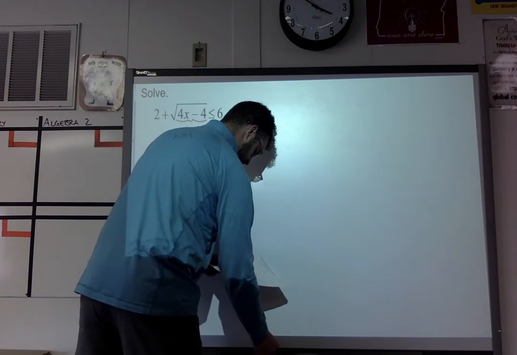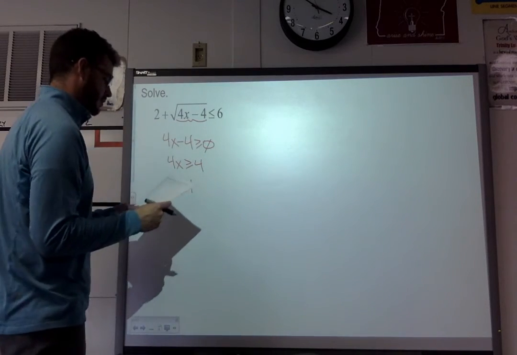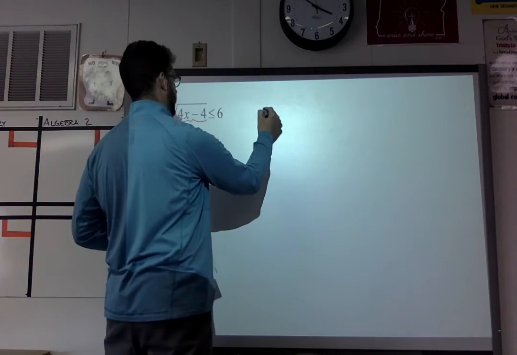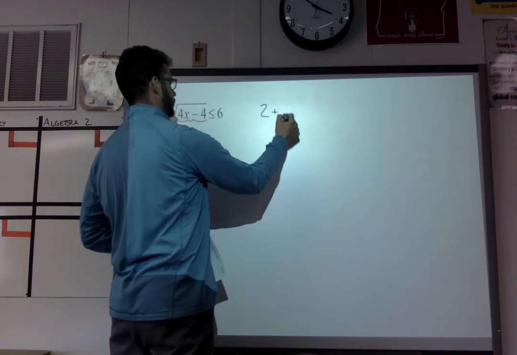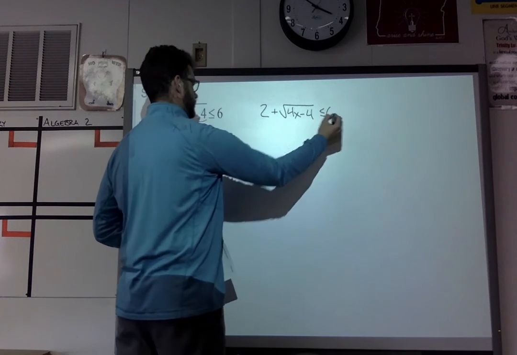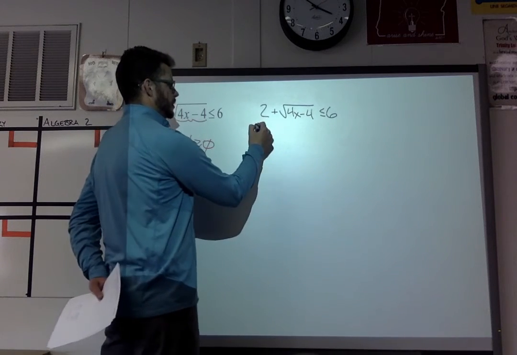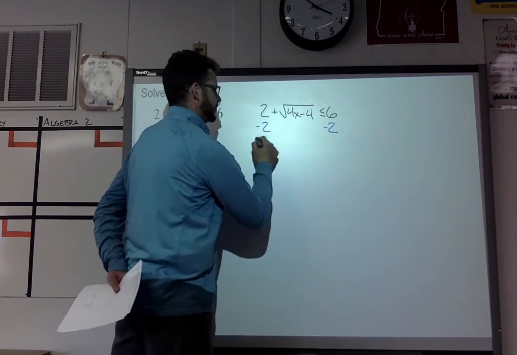Now the second part is just going to be solving it like we did before. So 2 plus the square root of 4x minus 4 is less than or equal to 6. Now I want to subtract 2 from both sides.